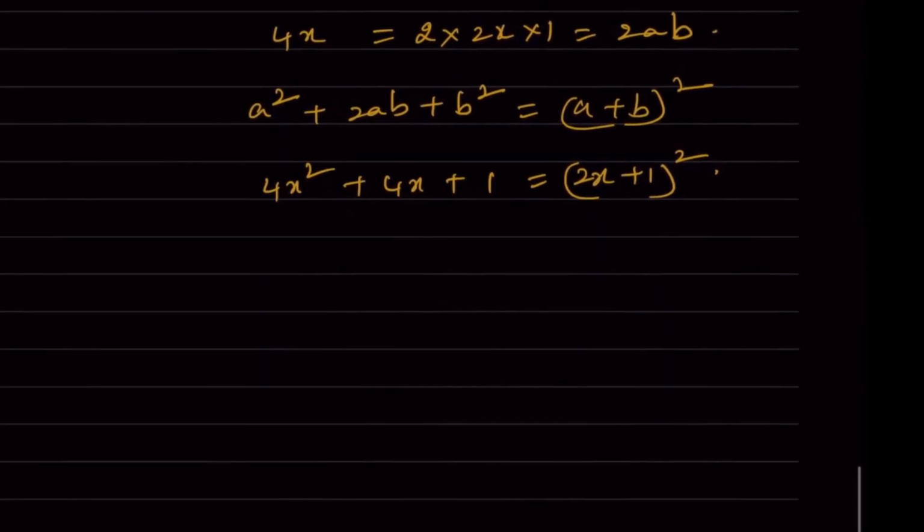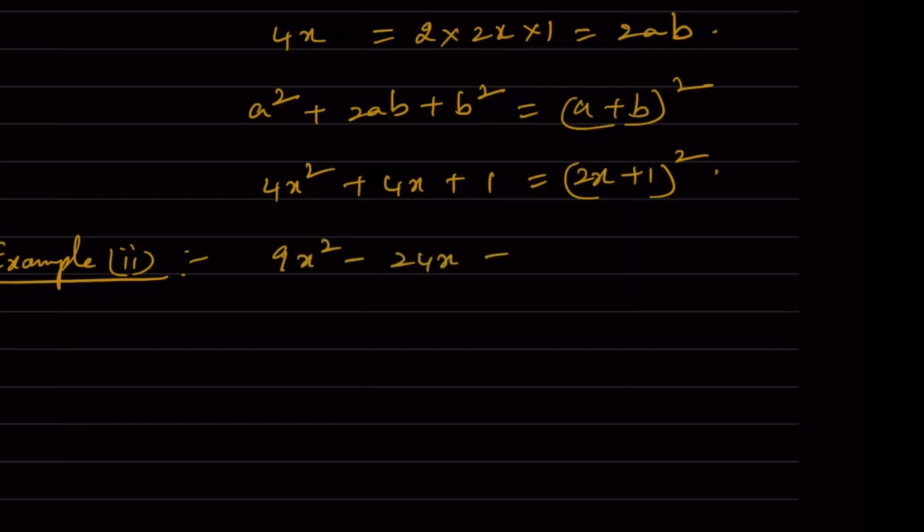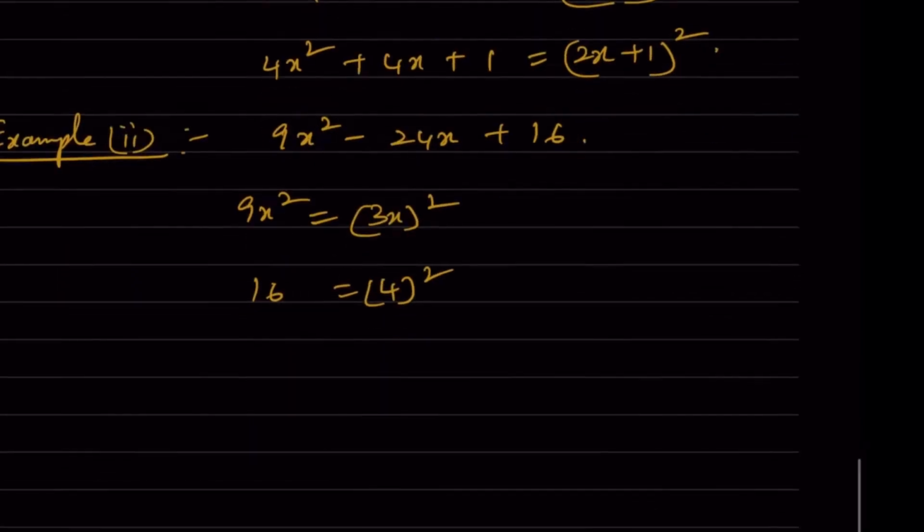Next, example 2. Suppose I am taking it as 9x square minus 24x plus 16. Here 9x square can be written as (3x) whole square, 16 can be written as 4 whole square, 24x can be written as 2 into 3x into 4.